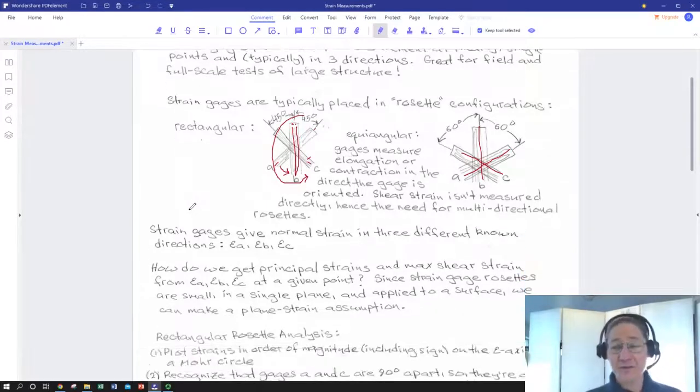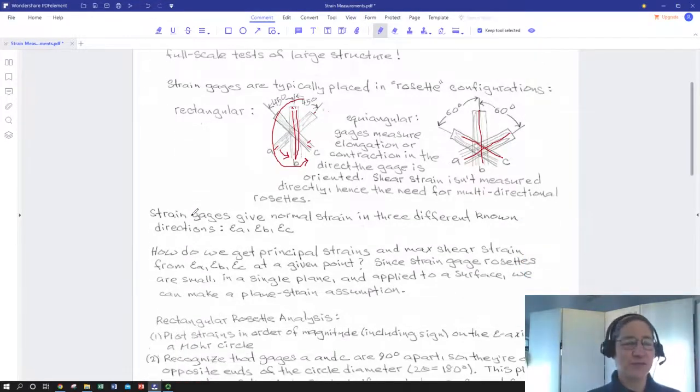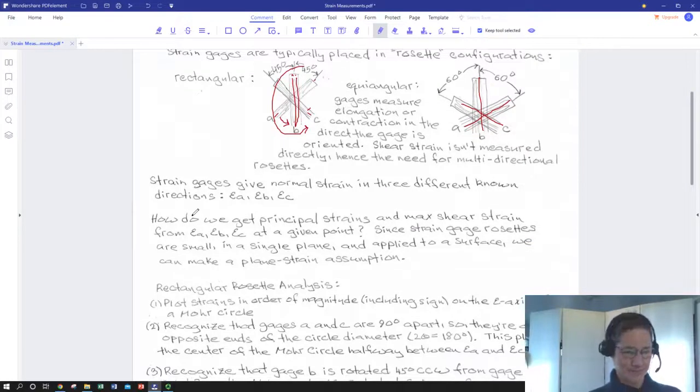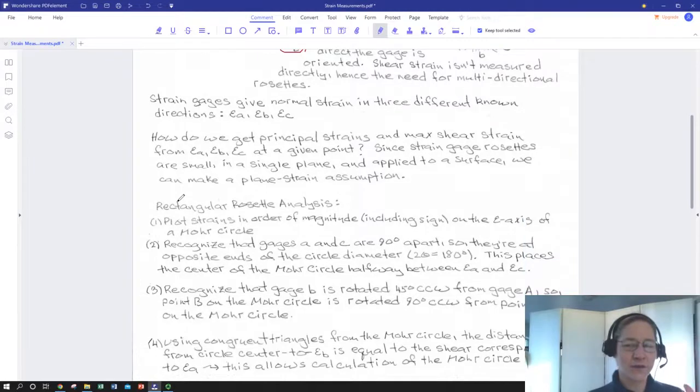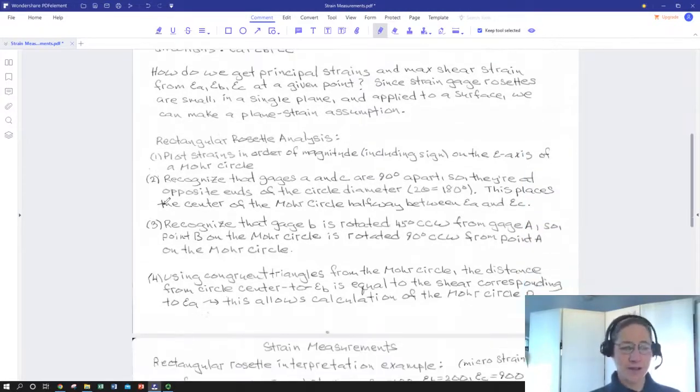So we're going to go through a few steps that just kind of simplify the geometry, going from gauge data to the Mohr circle and then reinforcing what we know about Mohr circles. We will not have to use the strain transformation equations for this. We're simply going to use their Mohr circle equivalent, so we're using them indirectly.